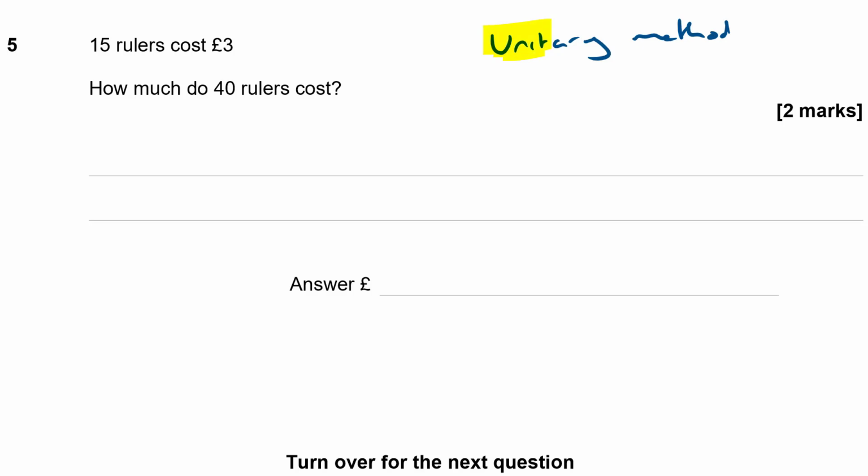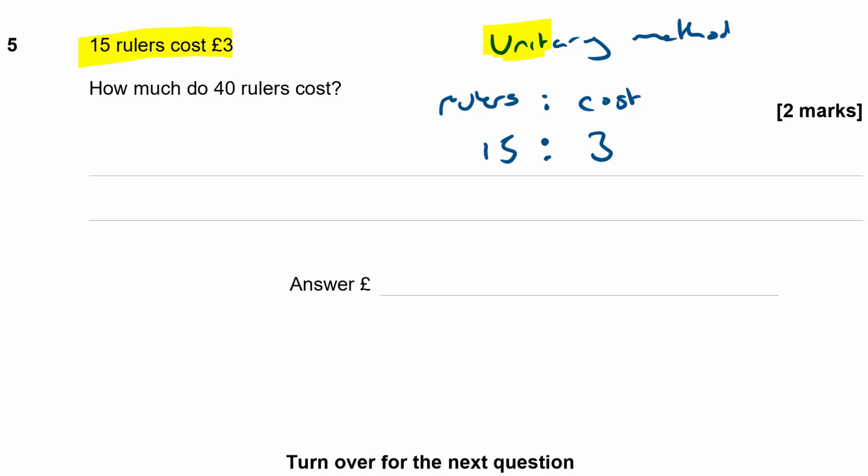So what we do is we set up a ratio between our two amounts. We've got rulers and we've got cost. We've been given one ratio between the two to start with. We're told that 15 rulers cost £3. So 15 rulers to £3 is the ratio.